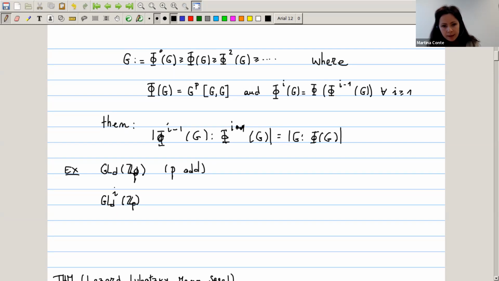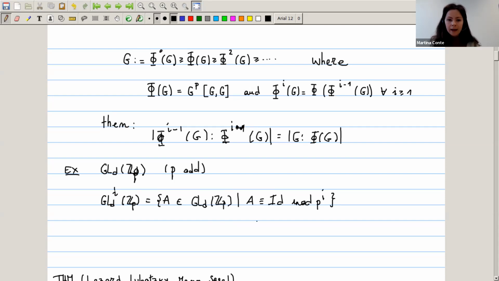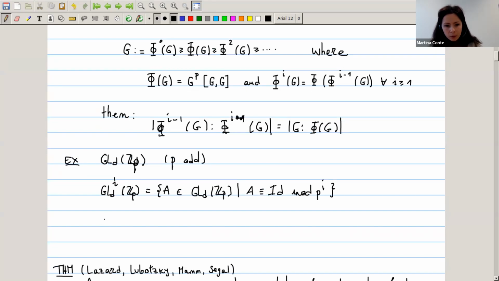Given a natural number i, we can consider GL_d^i(Z_p) that consists of the matrices A in GL_d(Z_p) that are congruent to the identity modulo p^i, where I consider the reduction of every entry of the matrix modulo p^i. With this group, we can form a descending series of GL_d(Z_p).